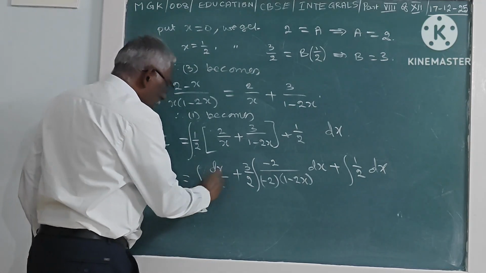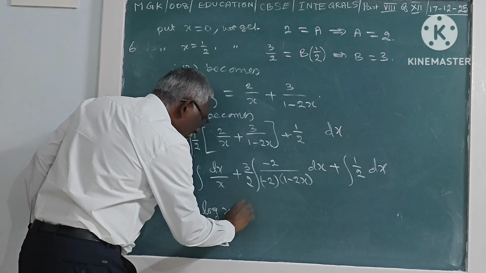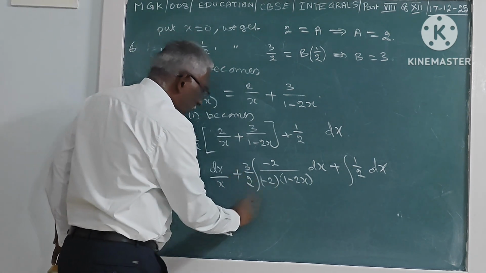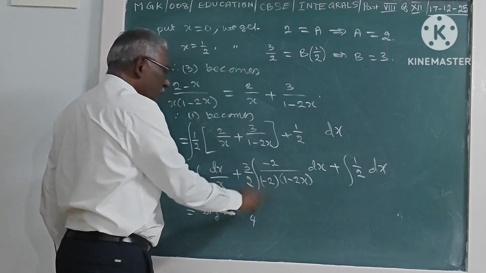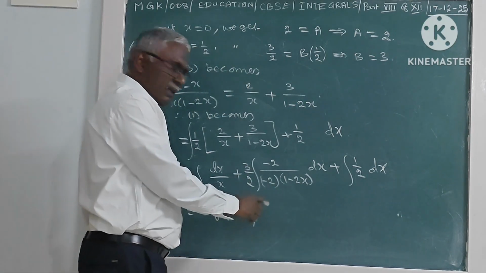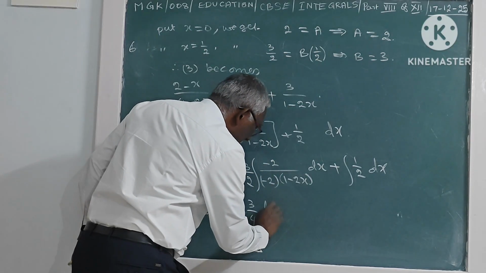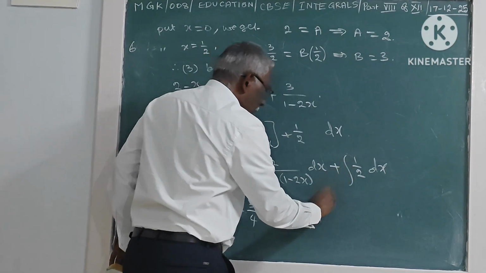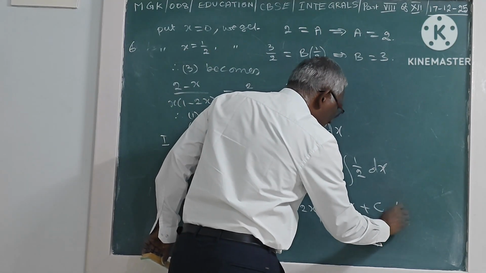So this value will be log of x. Here 3 by minus 4, minus 3 by 4. If we differentiate 1 minus 2x, minus 2 is coming. So log of 1 minus 2x plus 1 by 2 times x plus constant. So this is the answer.